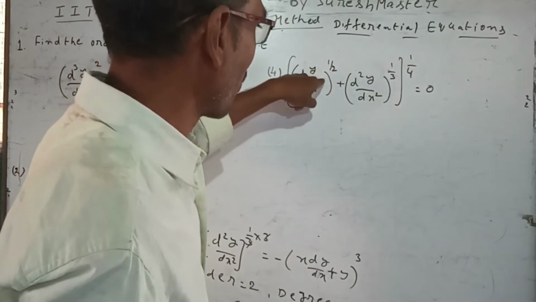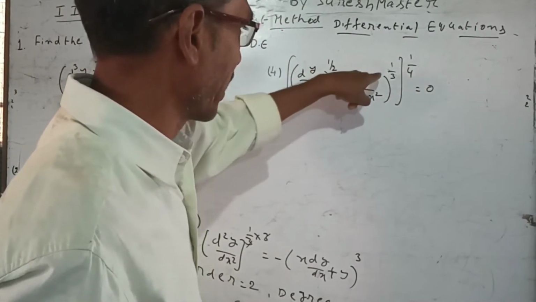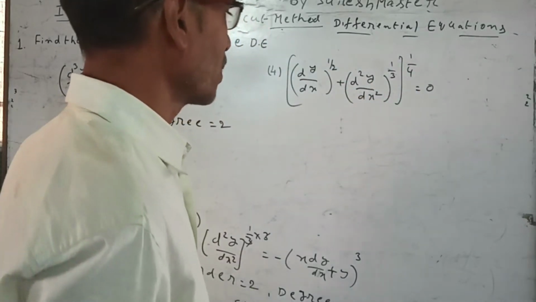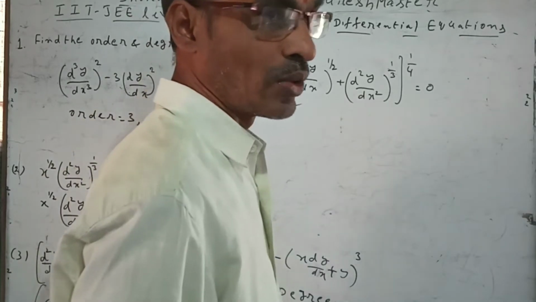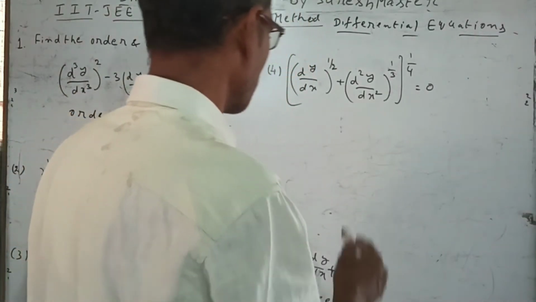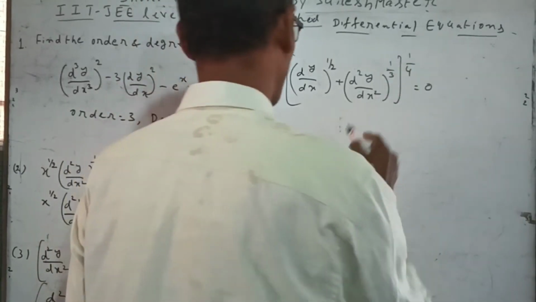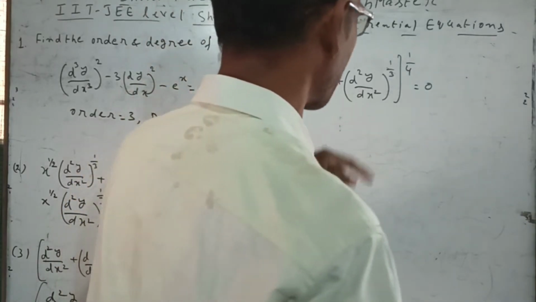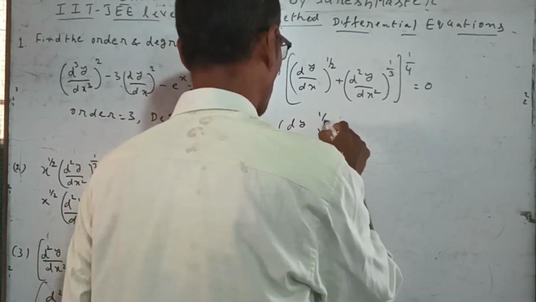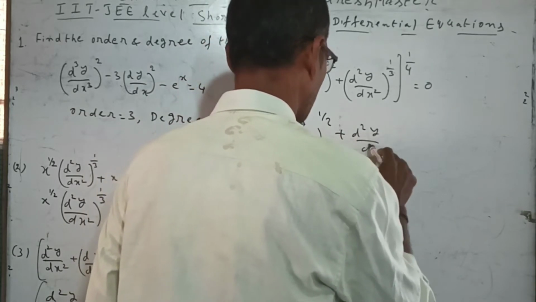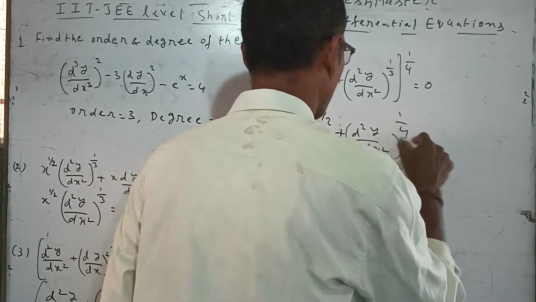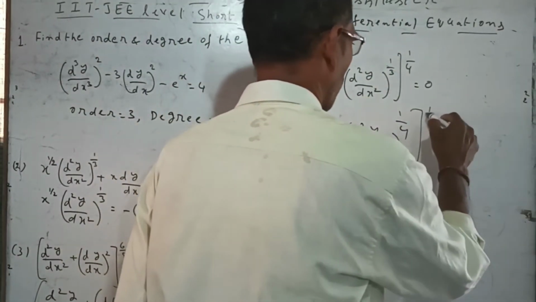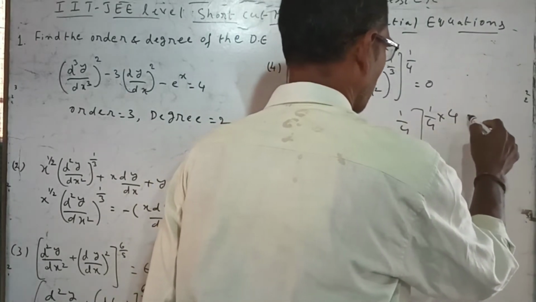(dy by dx) whole power 1 by 2 plus (d square y by dx square) power 1 by 3, whole power 1 by 4 equal to 0. So here the fourth root is given. We do squaring on both sides 2 times, we get 1 by 4 into 4 equal to 0.